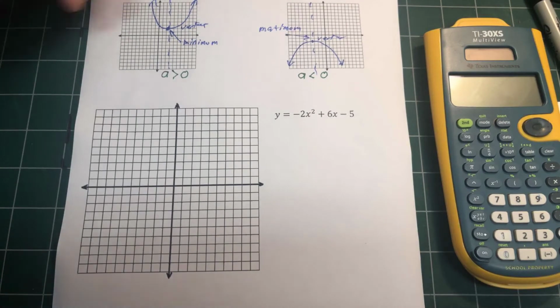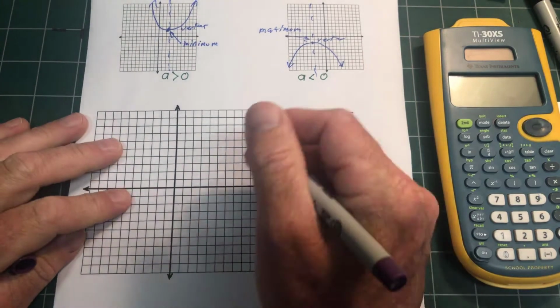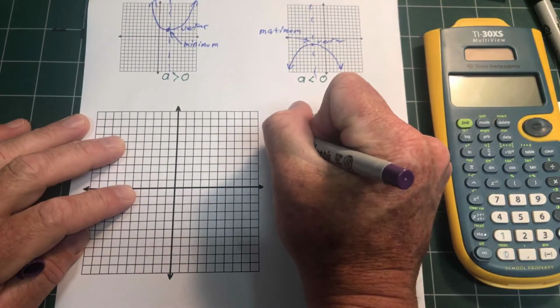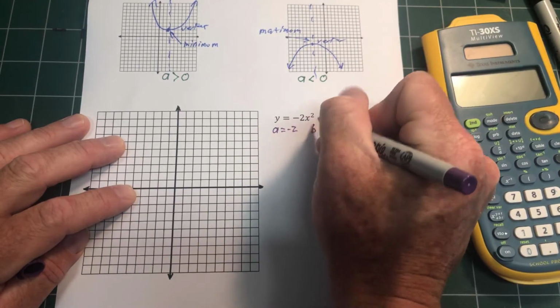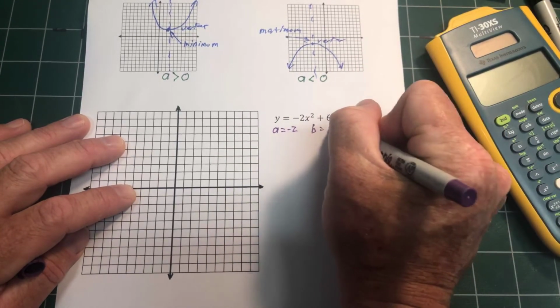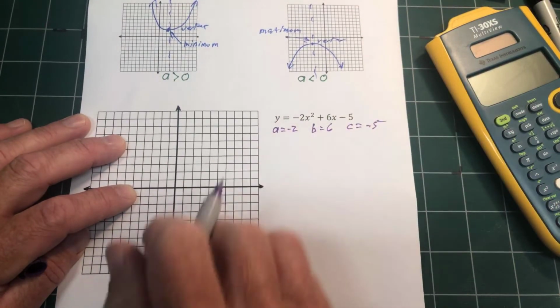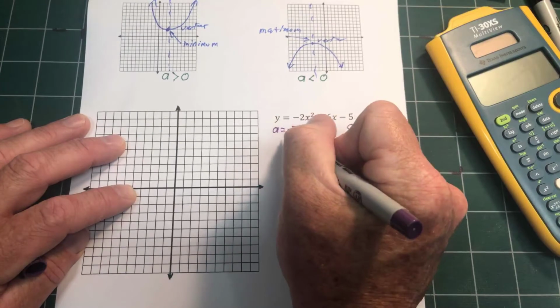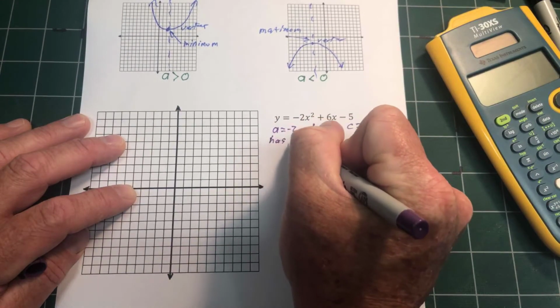All right. So first things first, I want to identify values for A, which is -2, value for B, which is 6, and the value for C, which is -5. And already I know a couple things. A is negative, so it has a maximum, meaning it's going to open down when I graph it.